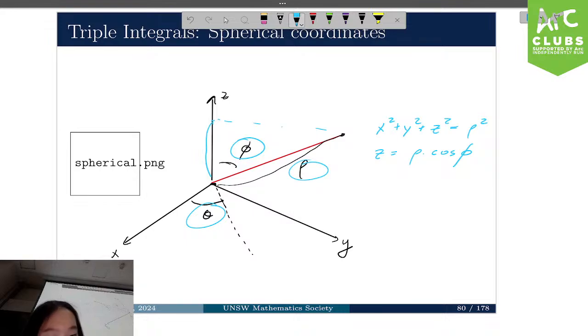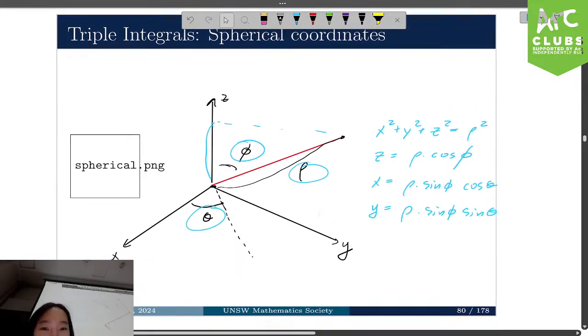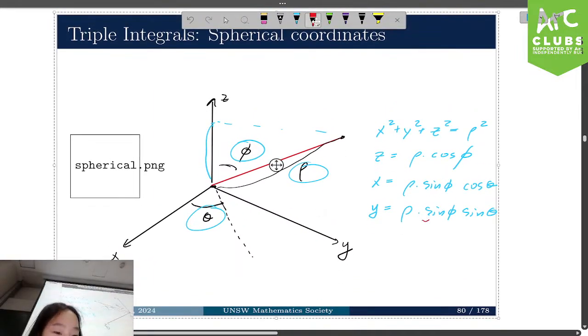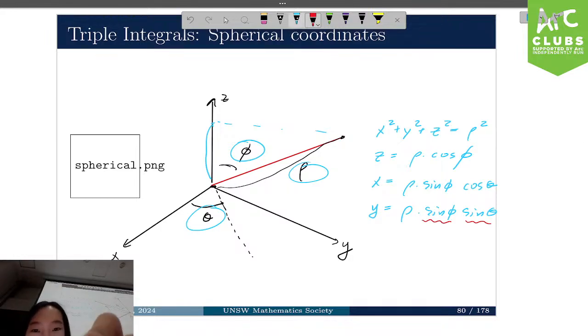And x equals rho sine phi times cosine theta. Y equals rho times sine phi sine theta. One trick to remember these formulas is that for y it's always sine phi and sine theta, and for x it's sine and cosine.